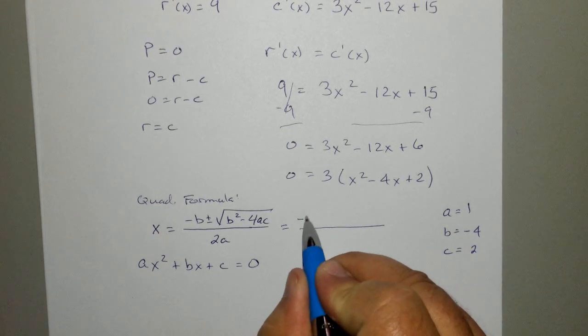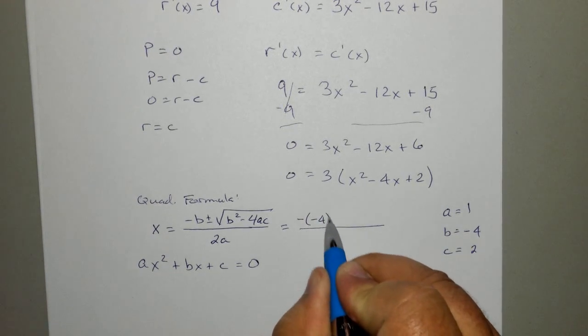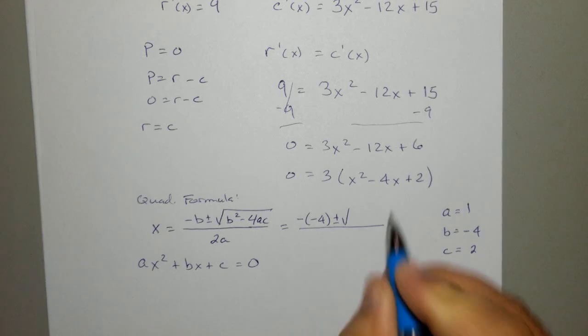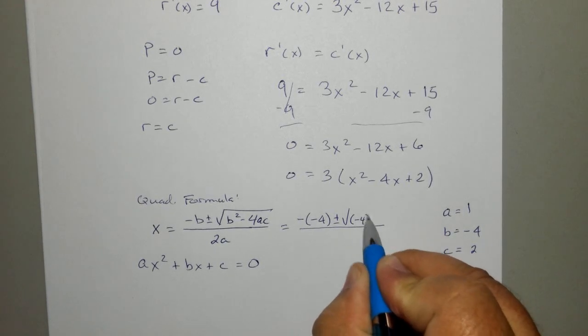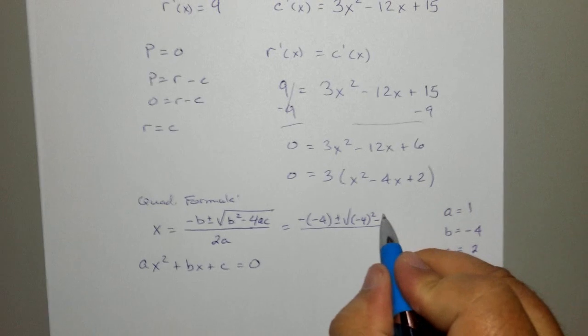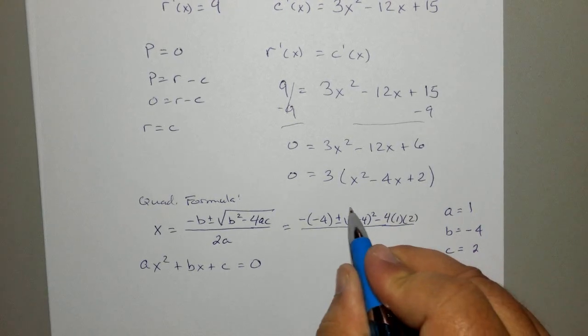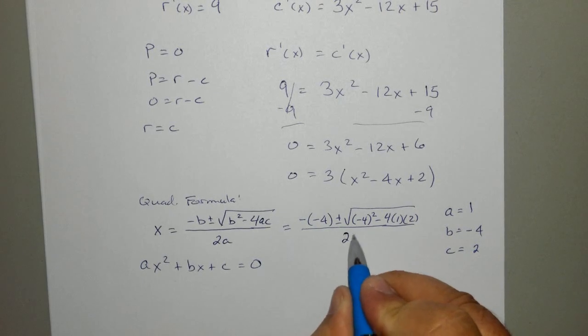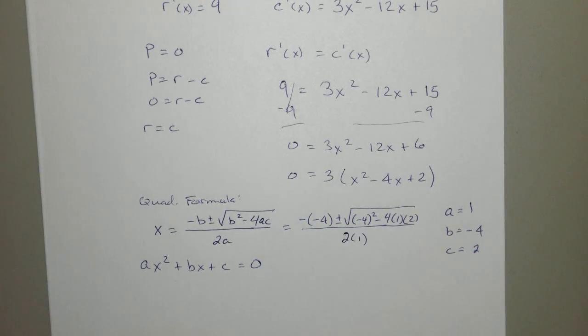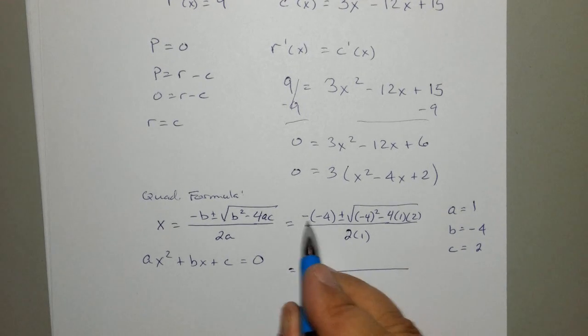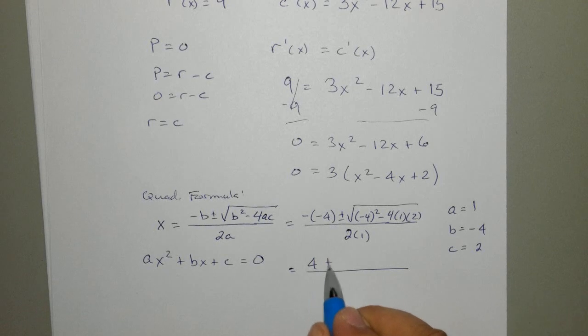So it's negative of negative 4 plus or minus the radical of negative 4 squared minus 4 times 1 times 2, over 2 times 1. Negative negative makes it a positive.